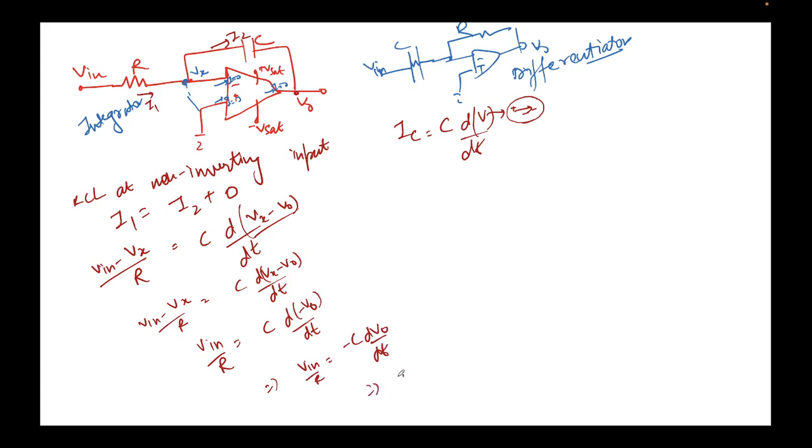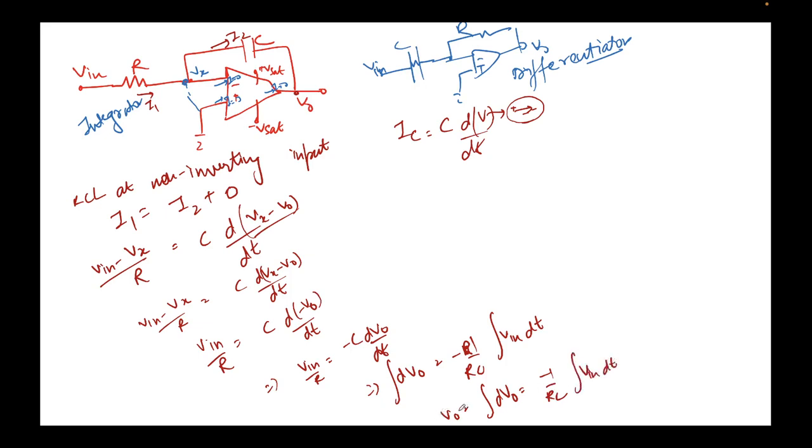This implies dV0 equals minus 1 by RC integral of Vin dt. Correct? So I get V0 equal to integral of minus 1 by RC Vin dt.